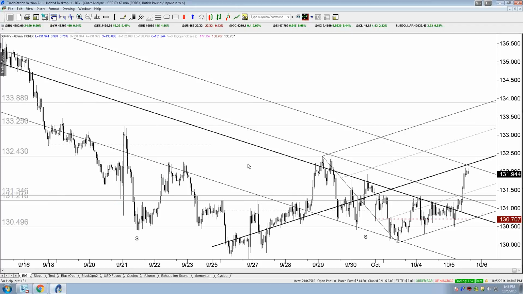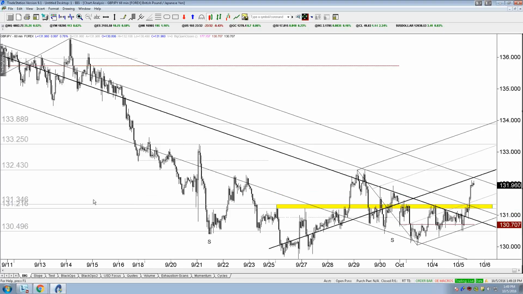Just 132 and change, more or less where we've topped out. Would expect to see support down near this, kind of highlight it. You can really see the resistance that you overcame here, basically looking for former resistance to provide support. Okay, so 130, 135, that would be support for me in pound yen.